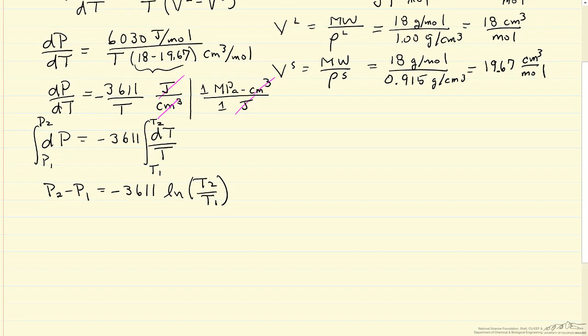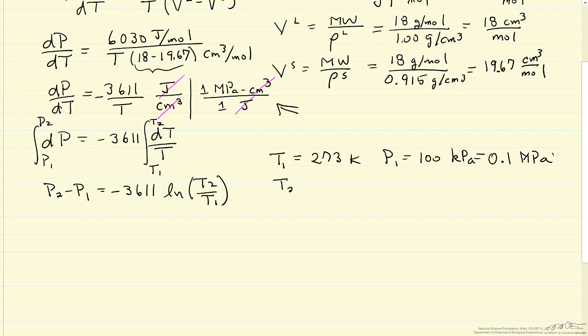So let's create a little more space here. And so T1 is 273 Kelvin for pressure 1 of 100 kilopascals, which is 0.1 megapascals, since we converted the units of pressure to megapascals up here.